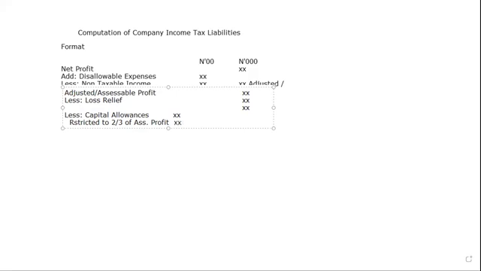I've explained that. So anything you have limited, then you have total or taxable.